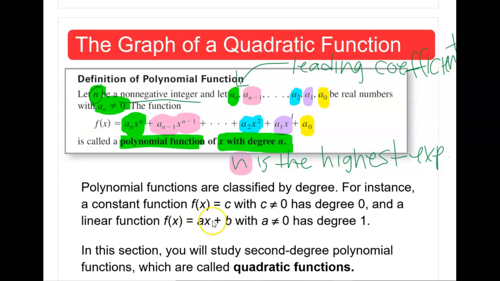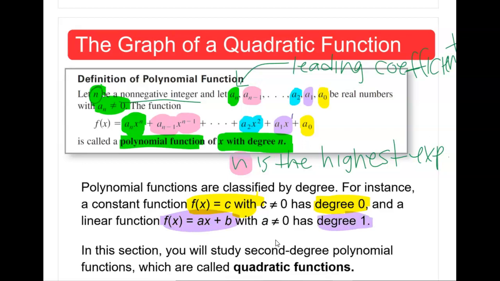All right, so again, here is just a little summary. The constant function is of degree 0. And then we have the linear function, which is of degree 1.